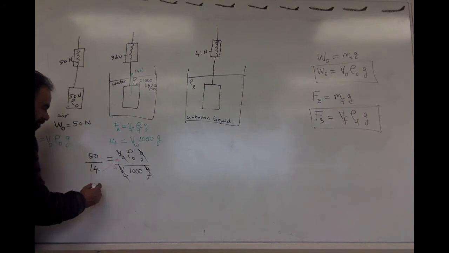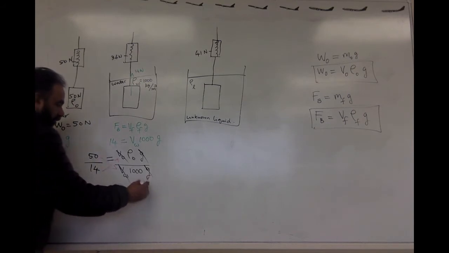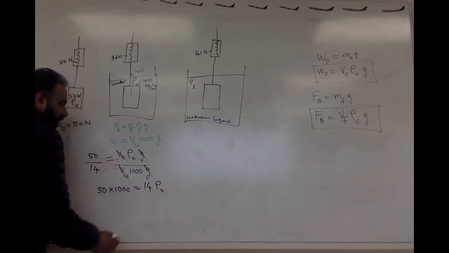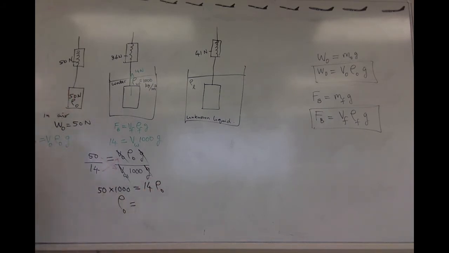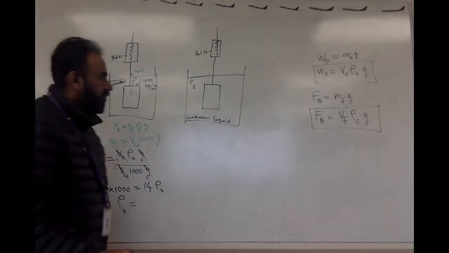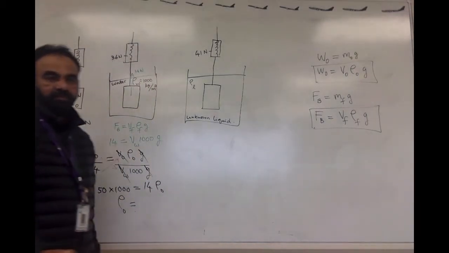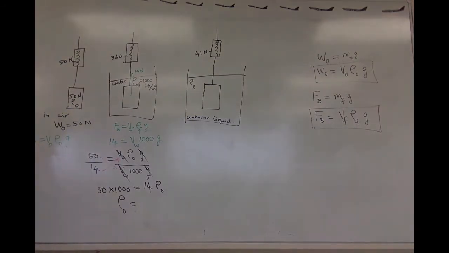So 50 times 1000, 50,000, is equal to 14 times rho_O. So what is rho_O? Solve it. Yeah, 50,000 divided by 14 in 3 sig figs. Tell me what the numbers are. I have not done anything big.